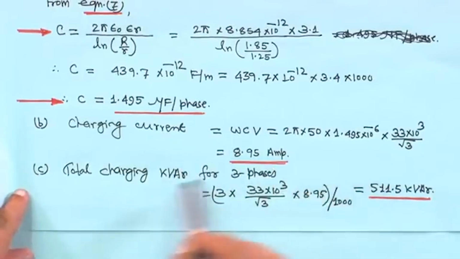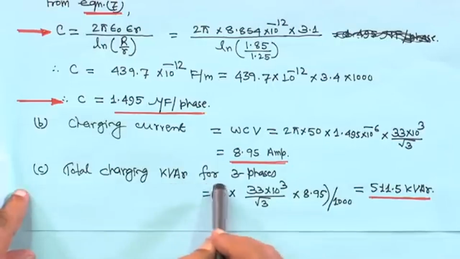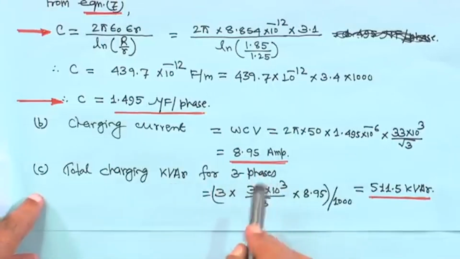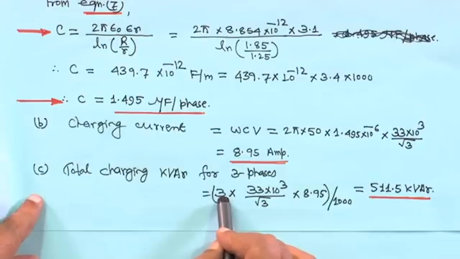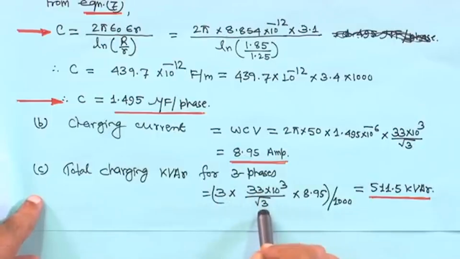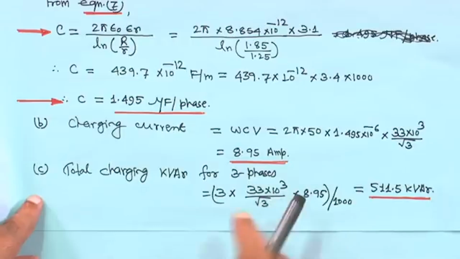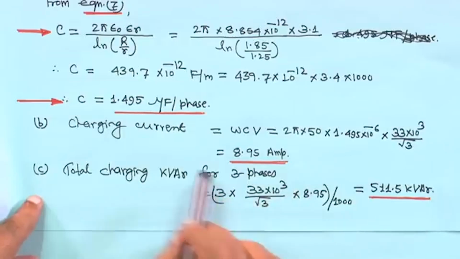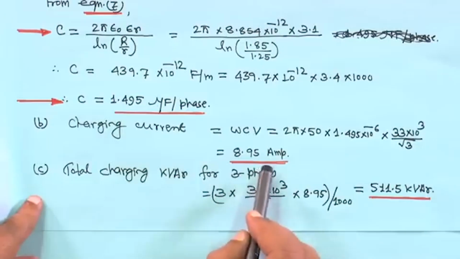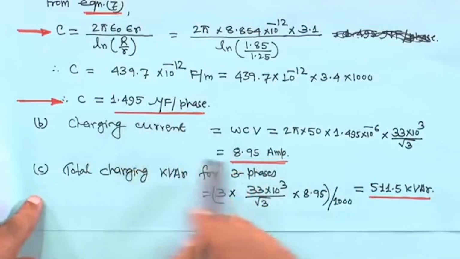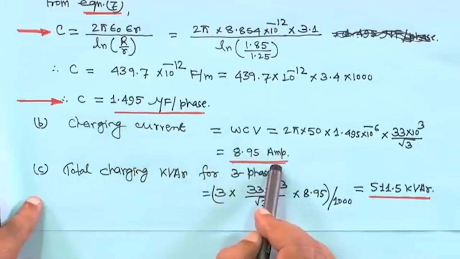Now, the total charging kVAR for 3 phases, as 3 phases are there, so 3 is multiplied, and we have taken the line to neutral voltage, the phase voltage. So, 33 by root 3 per phase is multiplied by 3, because the capacitance and the charging current are given per phase. So, charging current is 8.95 ampere.